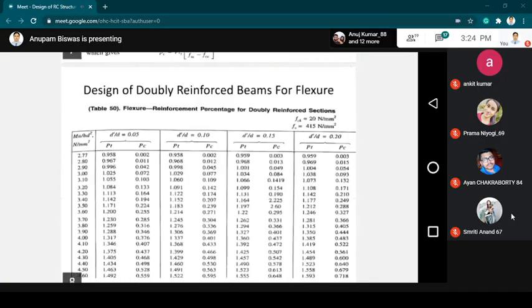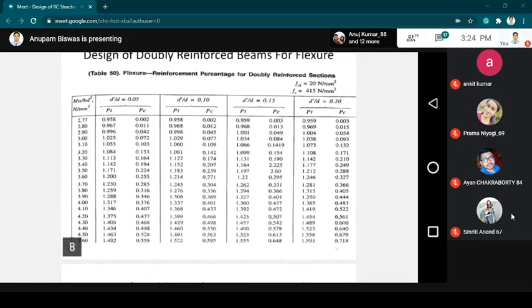Okay, and from the design aid table 50, we actually get these consecutive values of Mu by bd square for getting the values of Pt and Pc for consecutive d dash by d ratio.